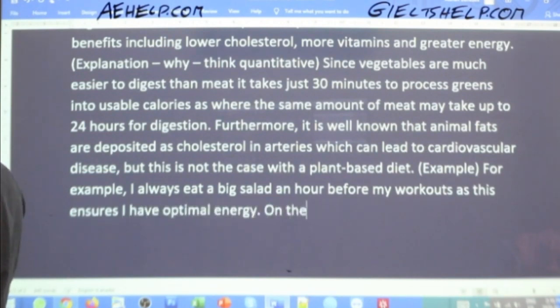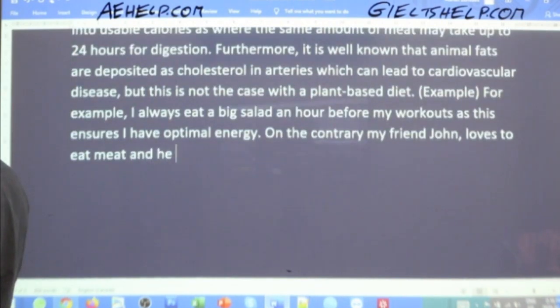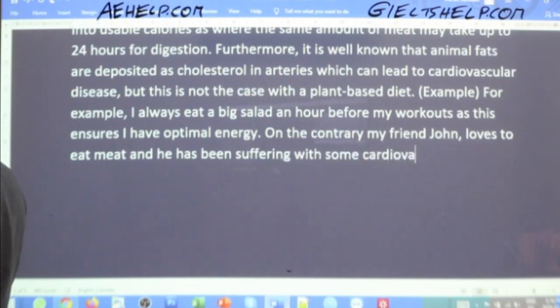On the contrary, my friend John loves to eat meat, and he has been suffering with some cardiovascular issues as a result.